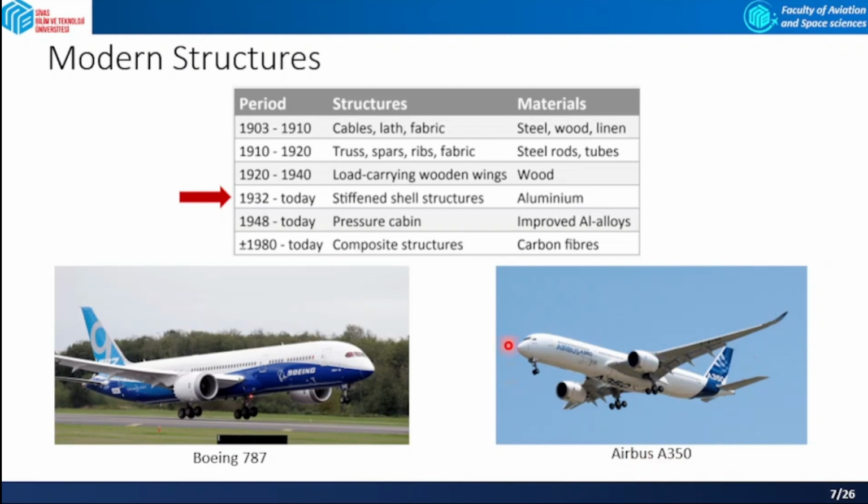So the transition from aluminum to composites is very comparable to the transition which took place in the 1930s, as you see in the table.